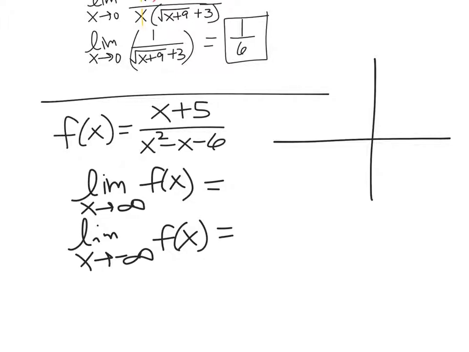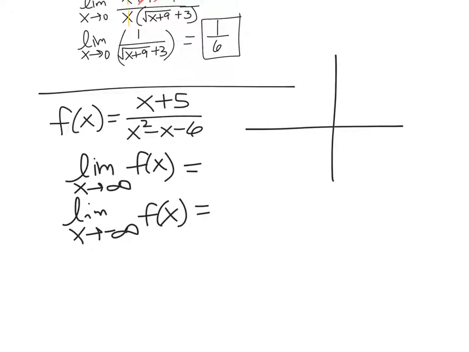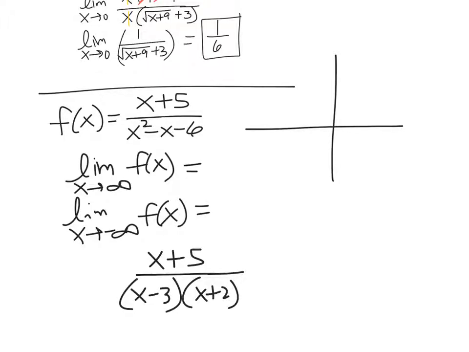All right, so if you can't tell where the asymptotes are on your calculator, which you kind of should be able to, you could factor this thing, okay? If you factor the denominator, you will see that you get x minus 3 and x plus 2, which means that I have vertical asymptotes at positive 3 and negative 2, okay?